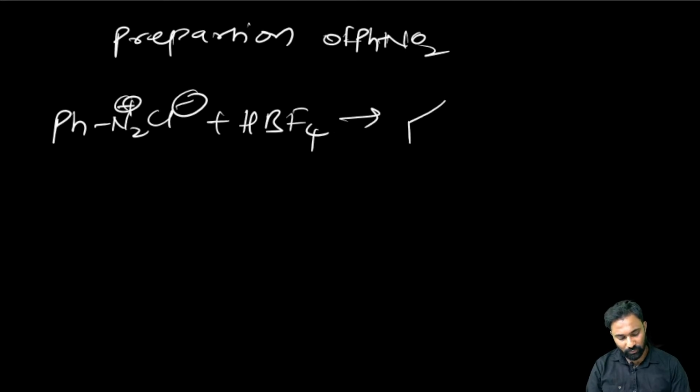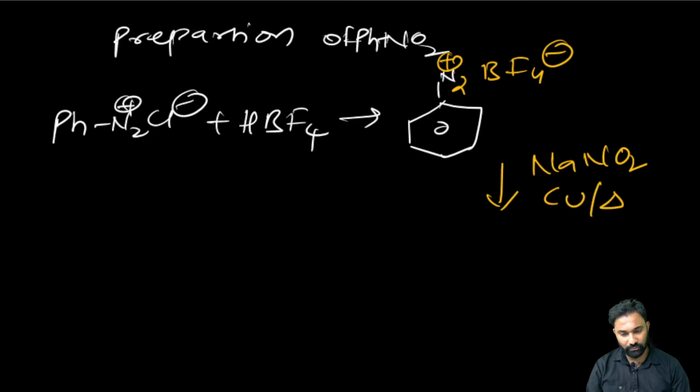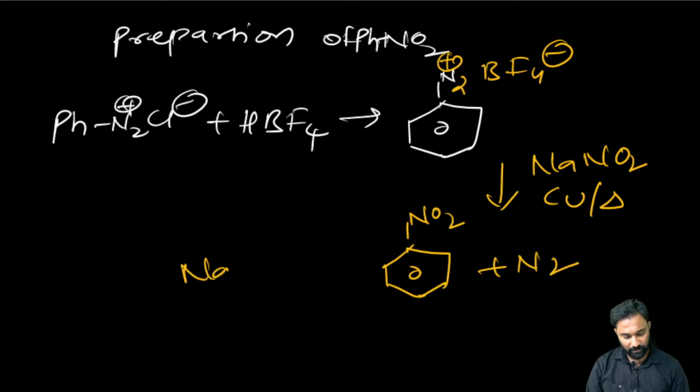It will become the fluoroborate. After it becomes the fluoroborate, we have to take NaNO2 and Cu and heat it. Now it will be eliminated and you will get nitrobenzene. These are the reagents you have to remember. They will ask you the reagents itself. Nothing else they will ask.